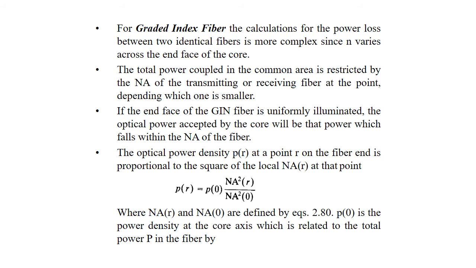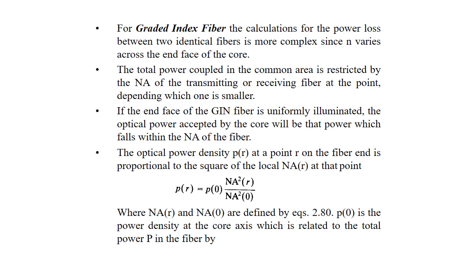For a graded index fiber, the calculation of the power loss between two identical fibers is more complex, since the index varies from the end face of the core. The total power coupled in the common area is restricted by the numerical aperture of the transmitting or receiving fiber.